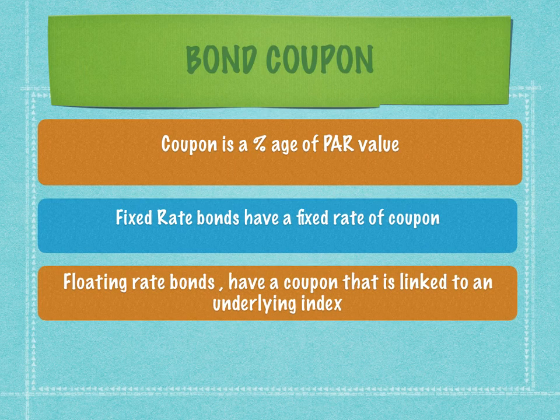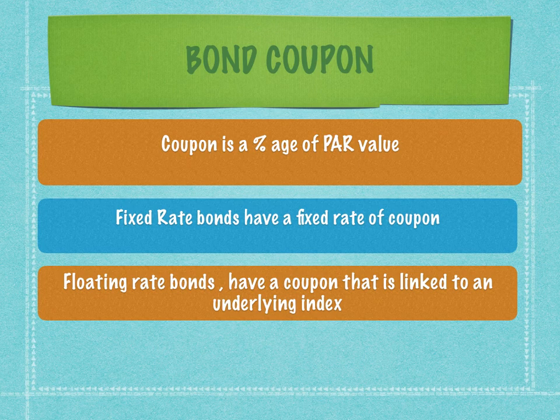On the other hand, we also have floating rate bonds. Floating rate bonds are those bonds that have a coupon that is linked to an underlying index. That means if there are any changes in the underlying index between two coupon payment dates, the next coupon payment will be different compared to the earlier coupon payment.